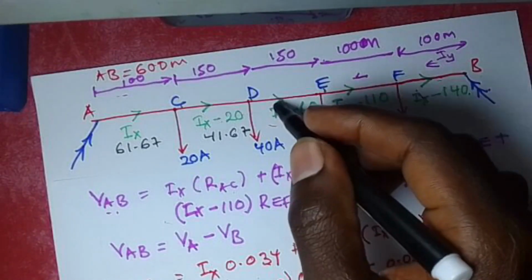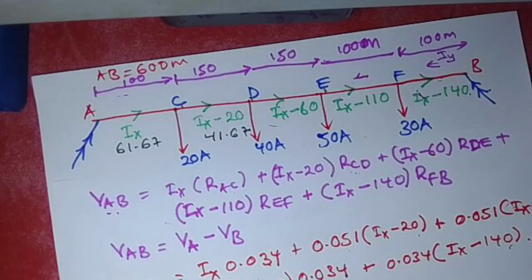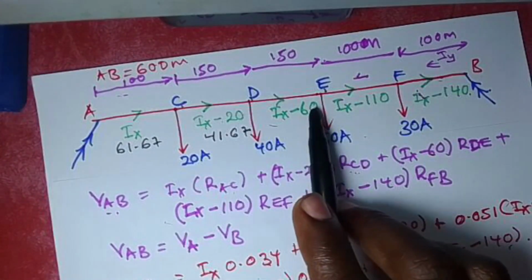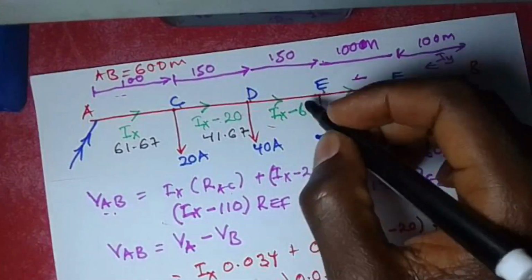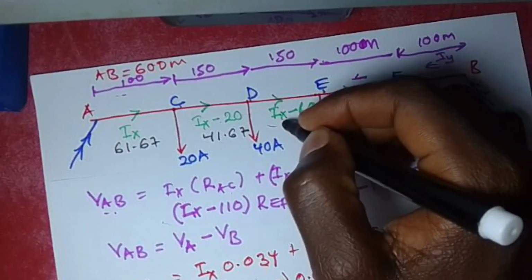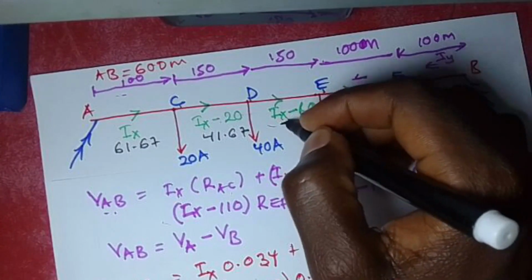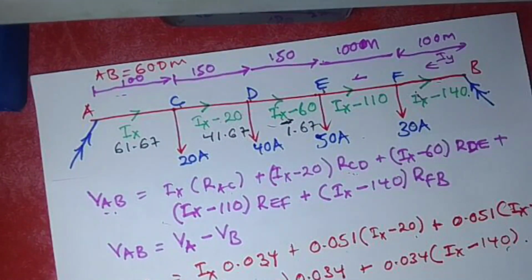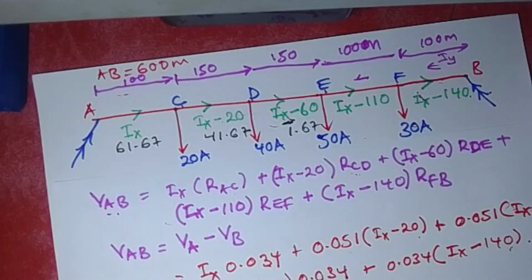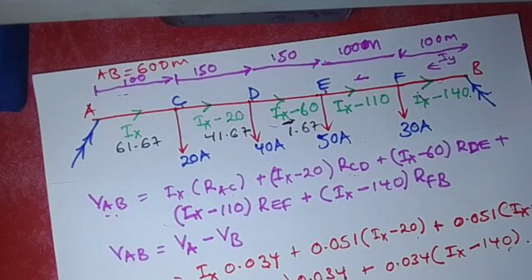Then I do the same for this point here, Ix minus 60, which is 61.67 minus 60, and that is giving me 1.67. The current flowing in this direction is 1.67.